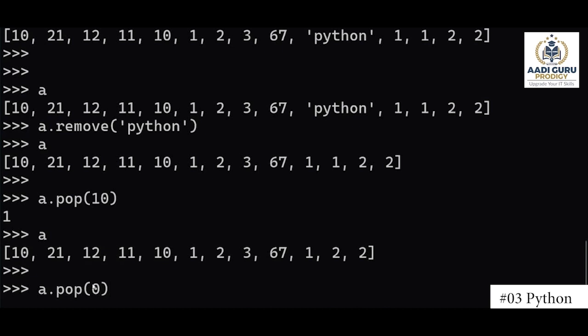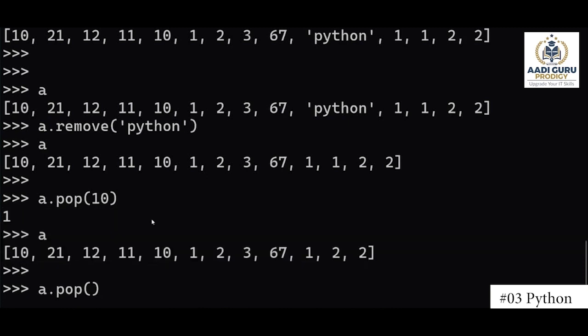Now let's say I am not passing any index number like this. If you are not telling which index number value has to be removed, then the pop operation will take the default one. The default one means whatever item is there at the last, that item will be removed.